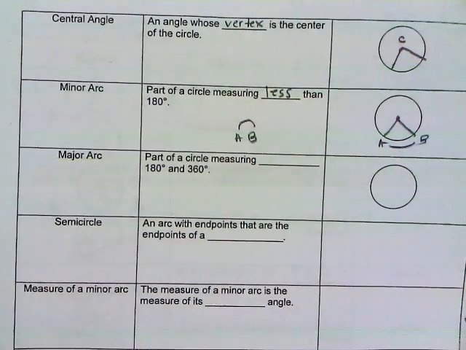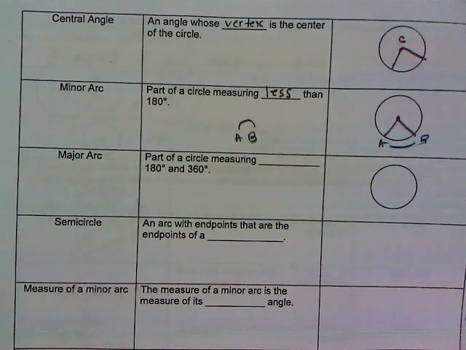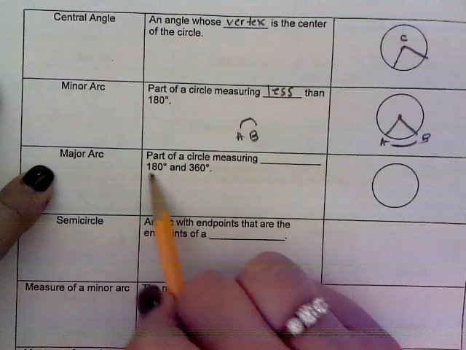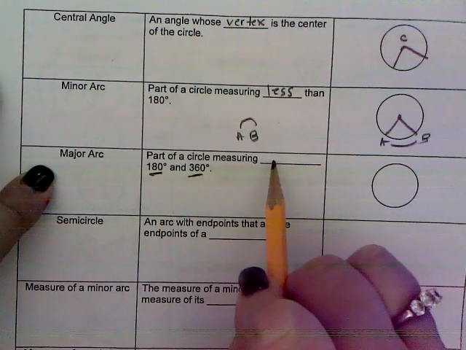It looks like part of the circle you're covering. It's not a straight line, it's an arc. It's a curved line above it. Its measure is from 0 to 180. Then we talk about a major arc. With a major arc, its measure is 180 to 360.